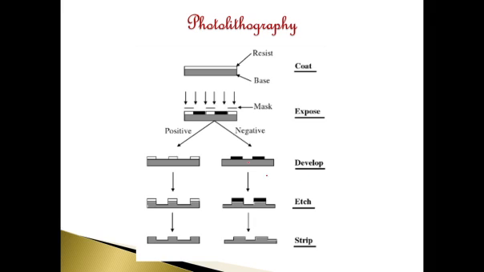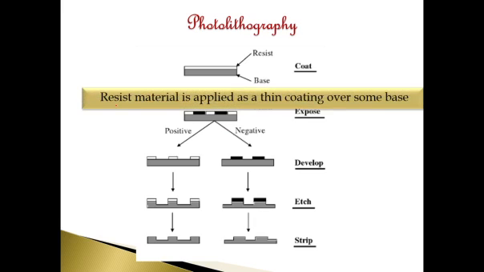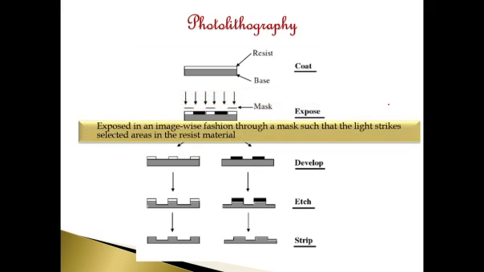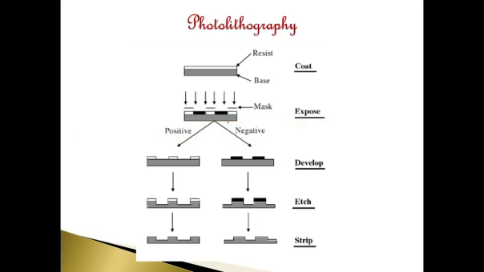As we mentioned, these are the basic steps in lithography. First, initially, we coat a resist material over some base substrate and then expose it in an image-wise fashion through a mask, such that the light strikes the selected area in the resist material. So only the openings will allow the light to fall on the photoresist.